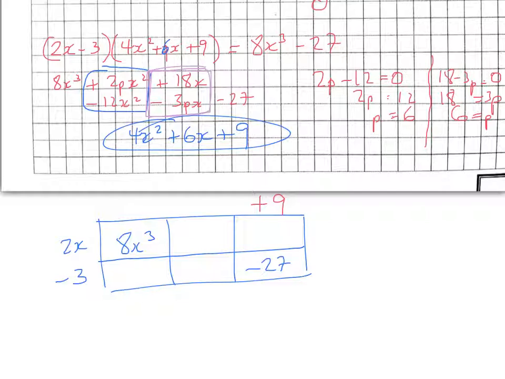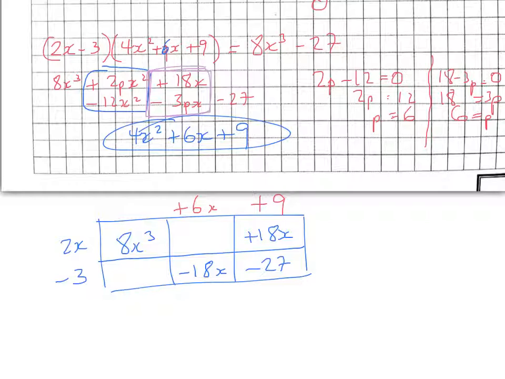But what is 2x multiplied by plus 9? Well, that's going to be plus 18x. Well, I need to get rid of plus 18x, so let's subtract it. So what do I multiply by minus 3 to get minus 18x? I multiply it by plus 6x.